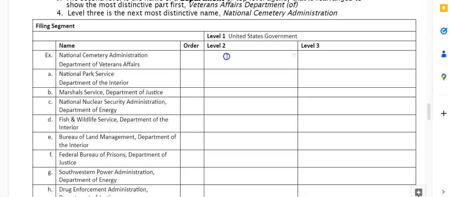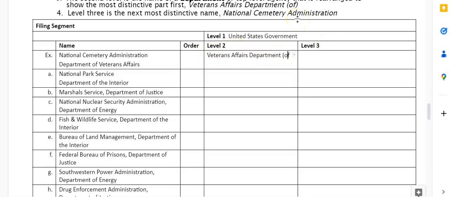But we also need to take into consideration the most distinctive part of the department name. Veterans Affairs is the most important, and Department of would be next. So your entire level 2 is Veterans Affairs, Department of.